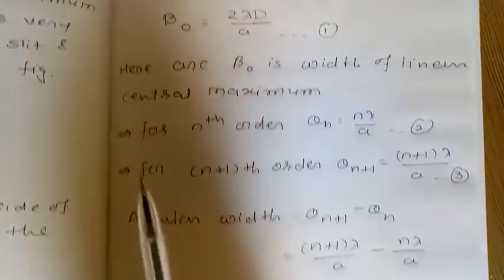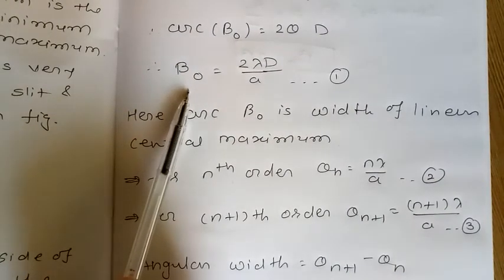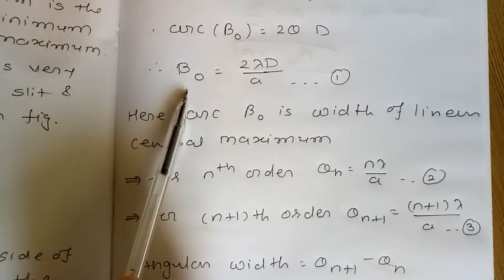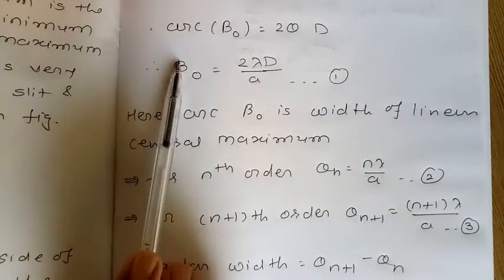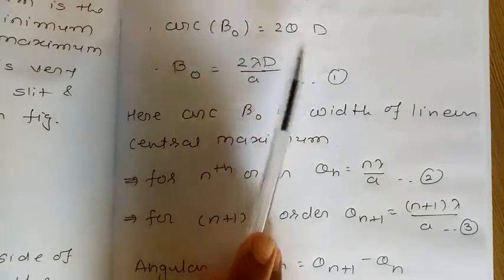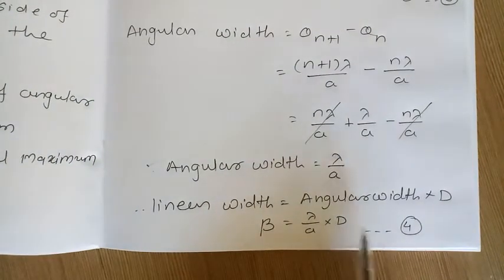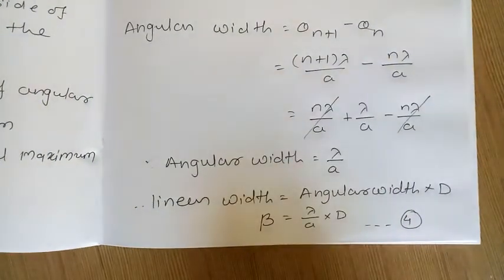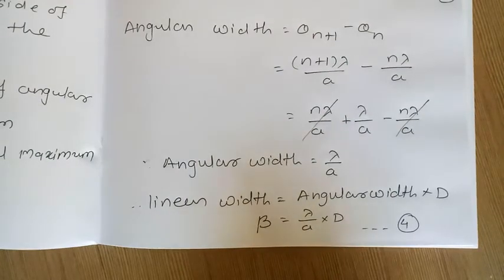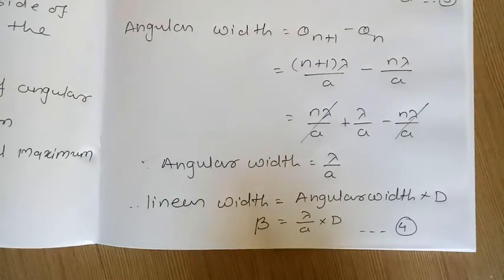But here beta 0 is the width of the linear central maximum. So linear width is equal to 2 theta, which is angular width, into capital D. Suppose for n and n plus 1th order, we denote linear width by beta.